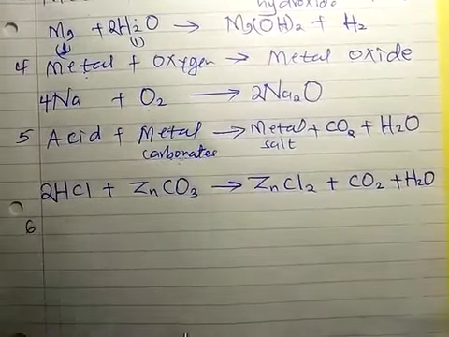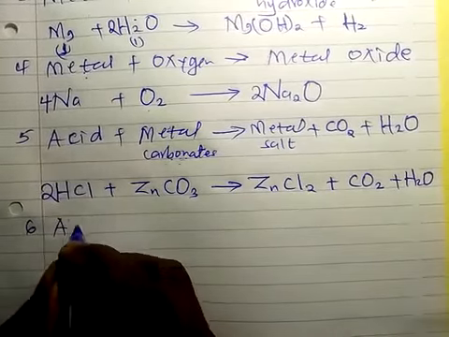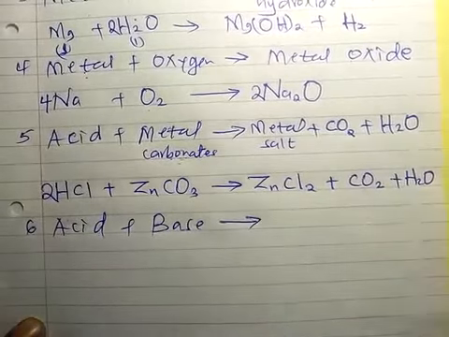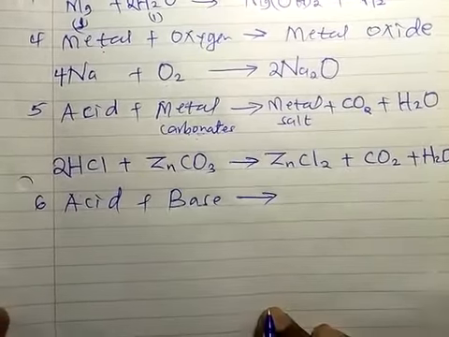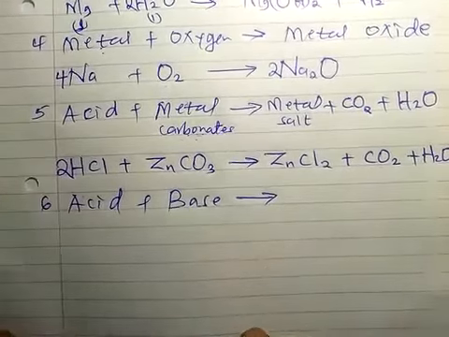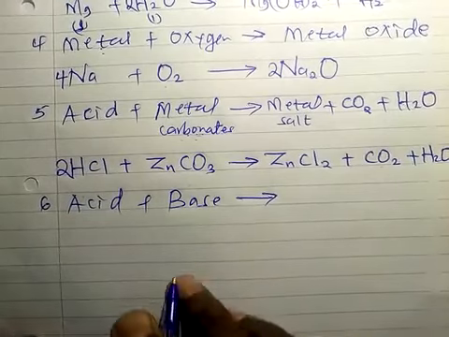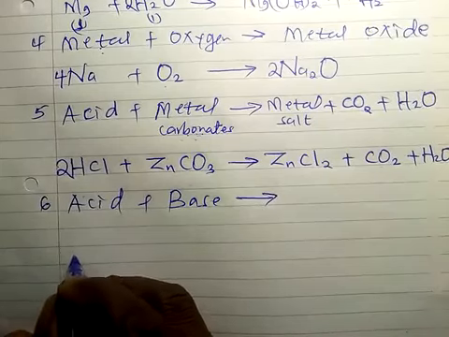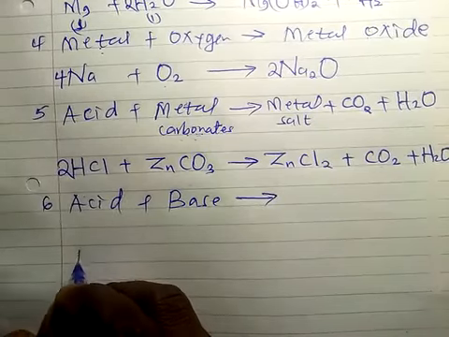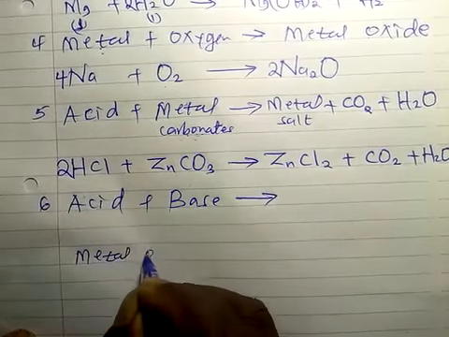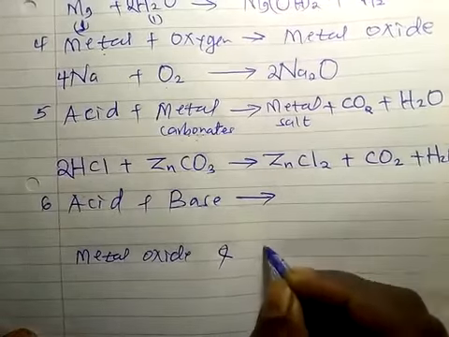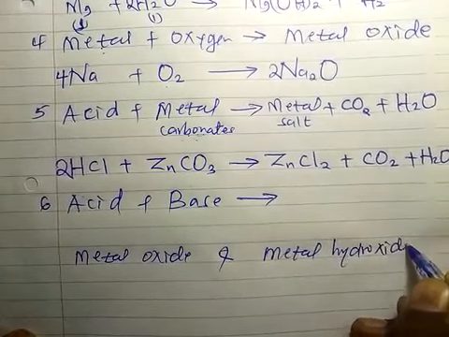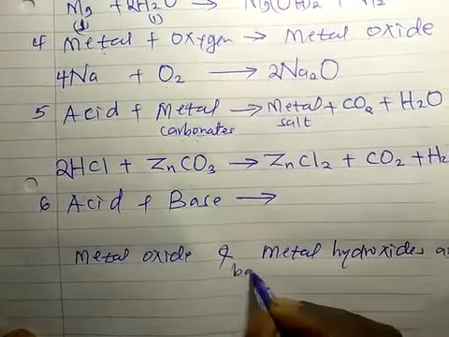Number 6, an acid plus a base. First, I realize very many people do not know what bases are. We have 2 types of bases: metal oxides and metal hydroxides are bases.